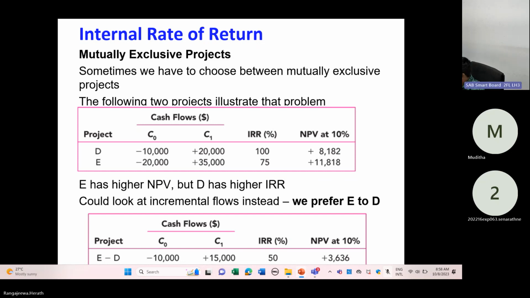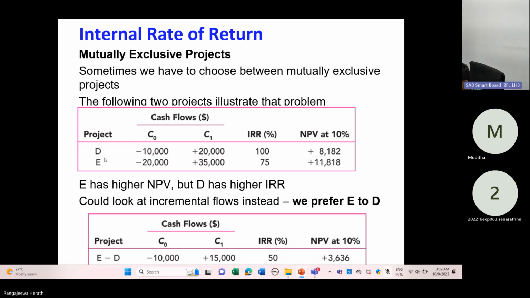So if you compare independently, both are worthwhile, but you can't accept both because you can only install one machine. When you take purchasing one of these two machines, A or B, as a project, those two are mutually exclusive. Right? Mutually exclusive.